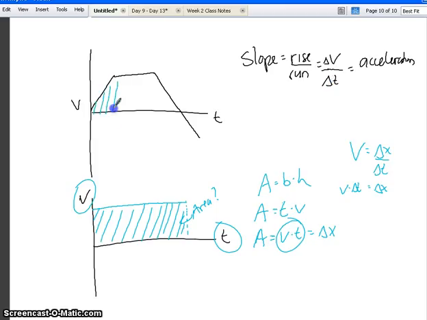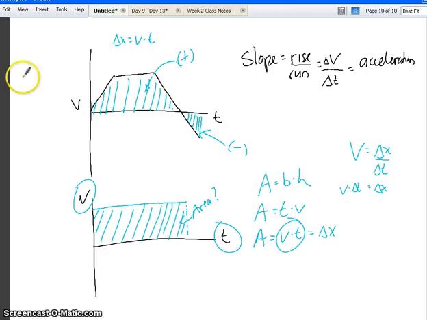The area under this curve, both pieces, is going to be equal to the displacement, because displacement equals v times t. This portion would be positive displacement, this portion would be negative displacement, because basically this thing is traveling away at constant speed, slowing down, stopped, turned around, and now it's coming back towards its original destination.